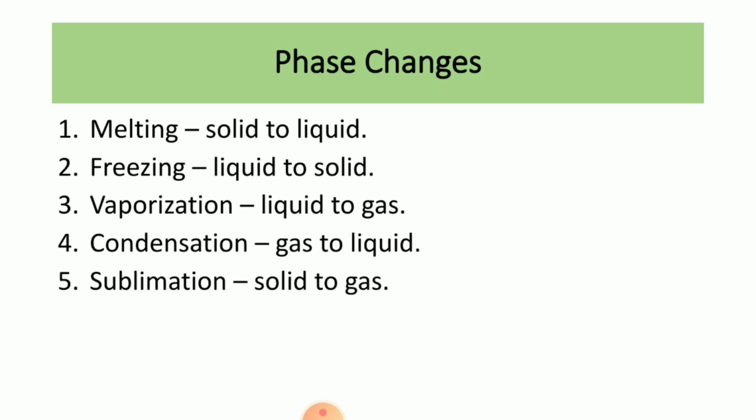Next, we have the sublimation, which is from solid to gas. So when a solid is converted directly into a gas without going through a liquid phase, the process is known as sublimation.